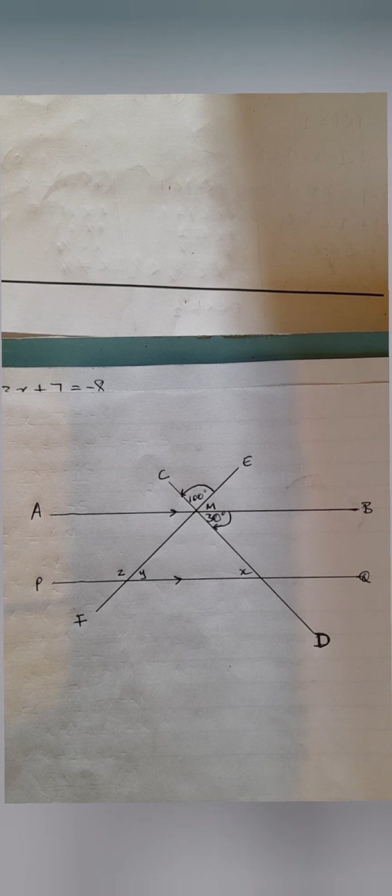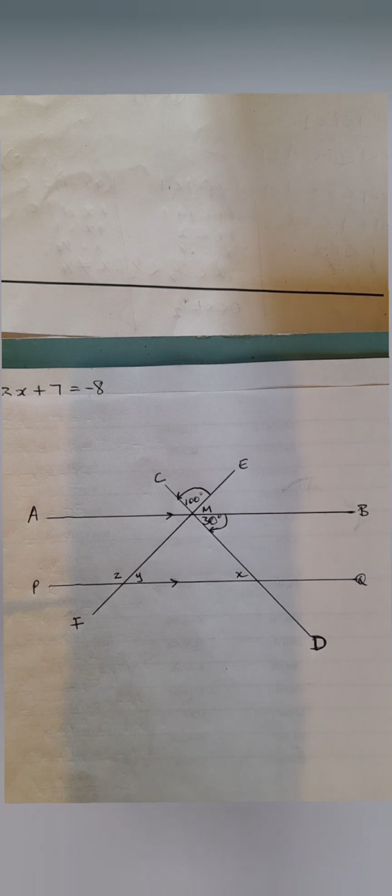The interior angles of the triangle are marked as W, X, and Y. Angle CME is 100 degrees and BMD is 30 degrees. Determine with reasons, without using a protractor, the values of the following angles.